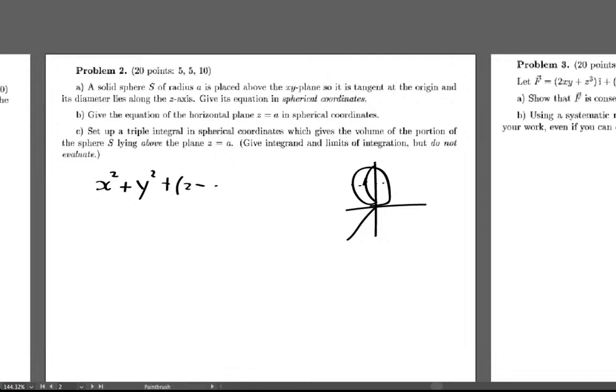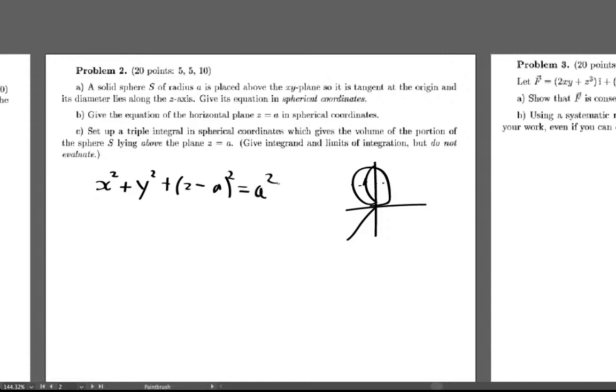It has to be at a because you want to make this tangent with the xy plane. And in order for that to work, no, sorry, the center of the sphere must be at (0, 0, a). That's something that you must know. And this must equal a squared.